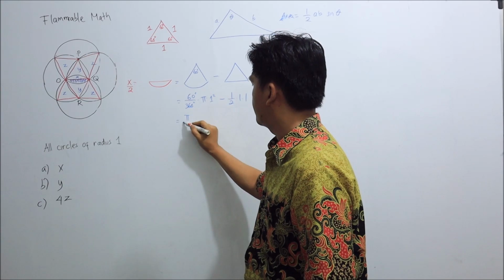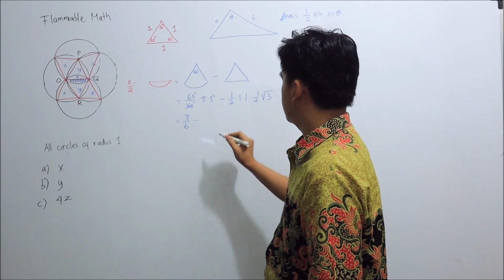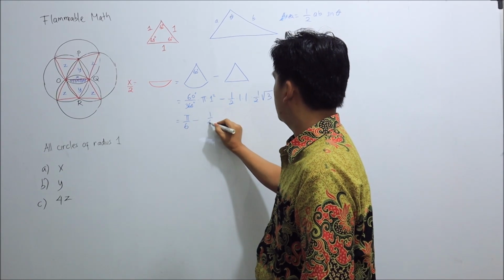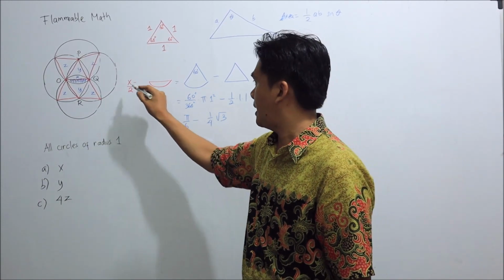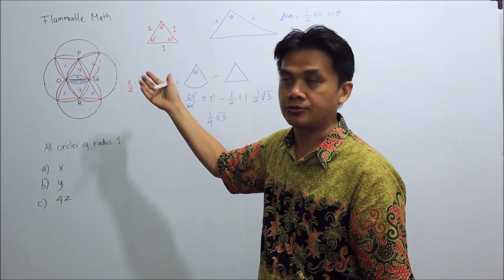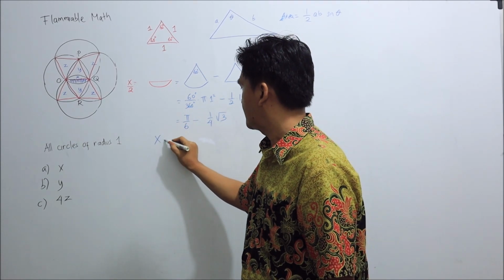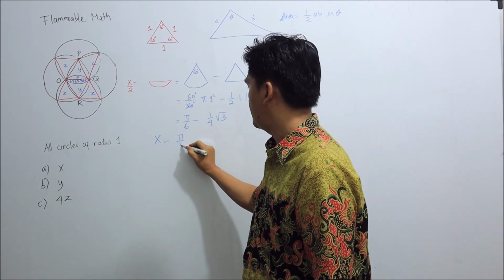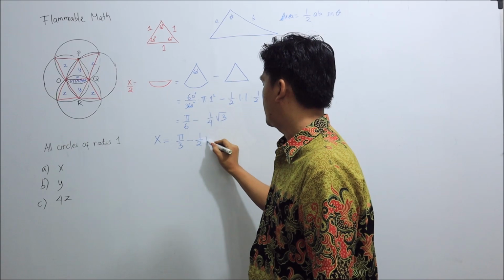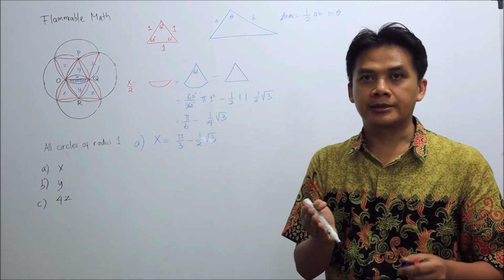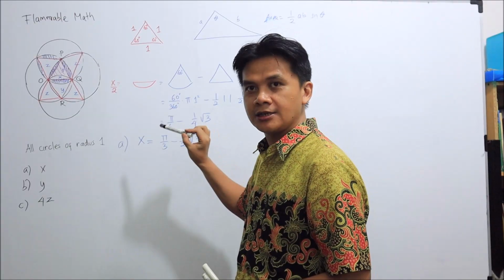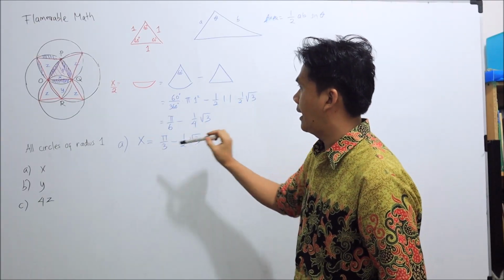Therefore we have pi over 6 minus 1/4 square root of 3. In order to get X, we just need to multiply by 2. Therefore X is pi over 3 minus 1/2 square root of 3. So that is for part A. We just computed the area of X.